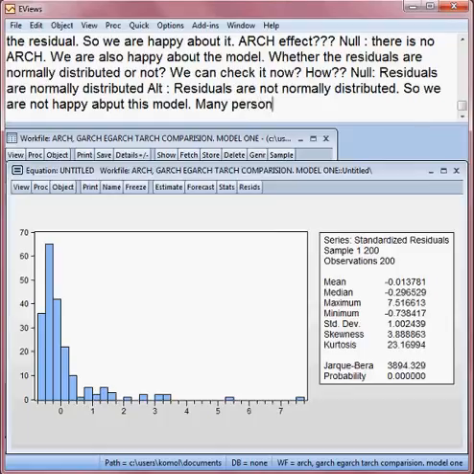And this model has two good things: there is no serial correlation and there is no ARCH effect.